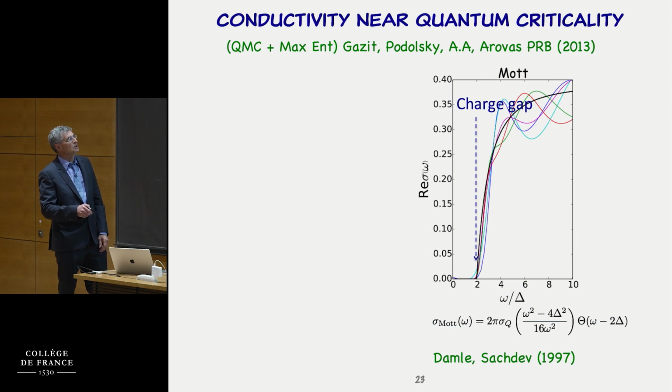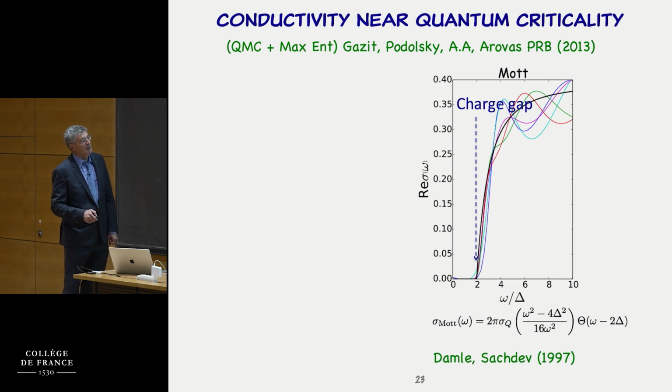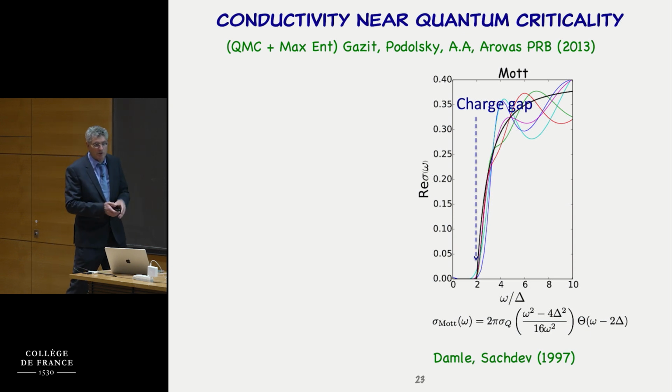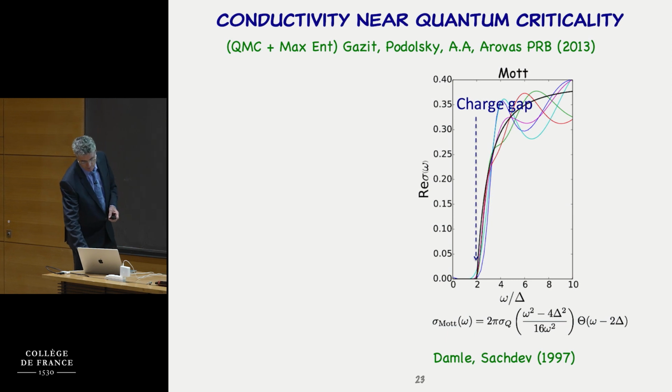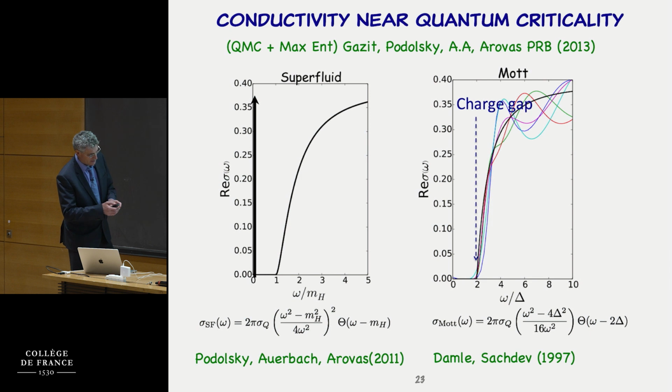What is most important to look at is there is a threshold appearing in the analytically continued Monte Carlo data, which shows a charge gap in the Mott phase, in the insulator. But that's not surprising. We expect a charge gap in the insulator, and it's an insulator, right? It should give you no conductivity.